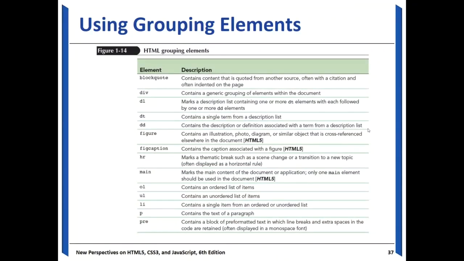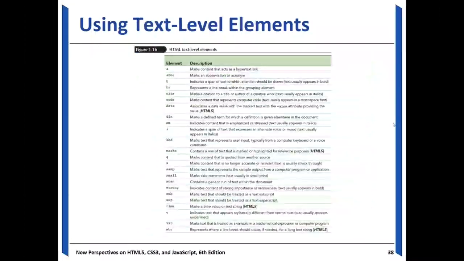Fig will contain illustrations, photos. Fig caption is going to have the caption associated with that. The OL is an ordered list. The UL is an unordered list. Those are going to be used in conjunction with the LI. LI is the list item. And then finally, the P is the paragraph.